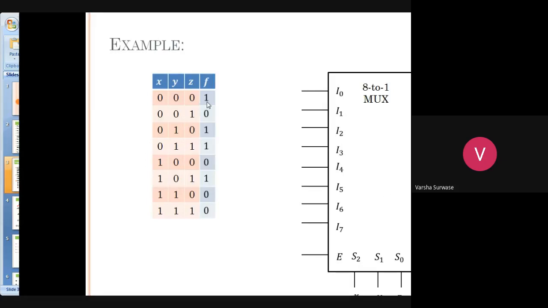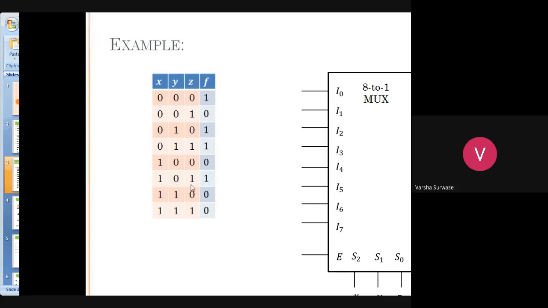So the input data for this one is, for I0 it is 1, for I1 it is 0, for I2 it is 1, for I3 it is 1. So you will get the function output as data like this when you select the inputs S0, S1 and S2. Suppose we are selecting the input 101.